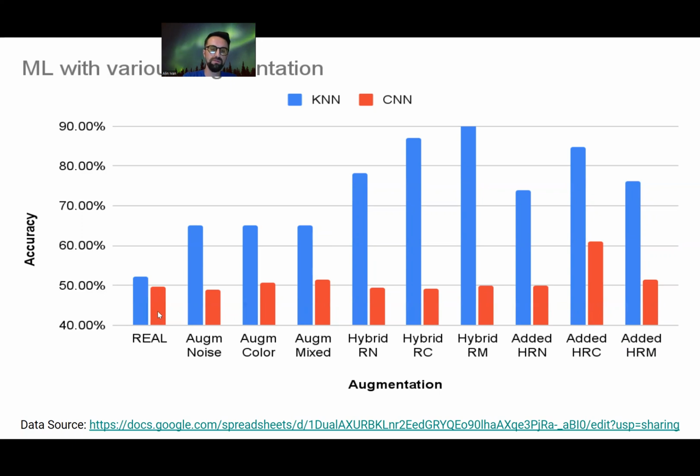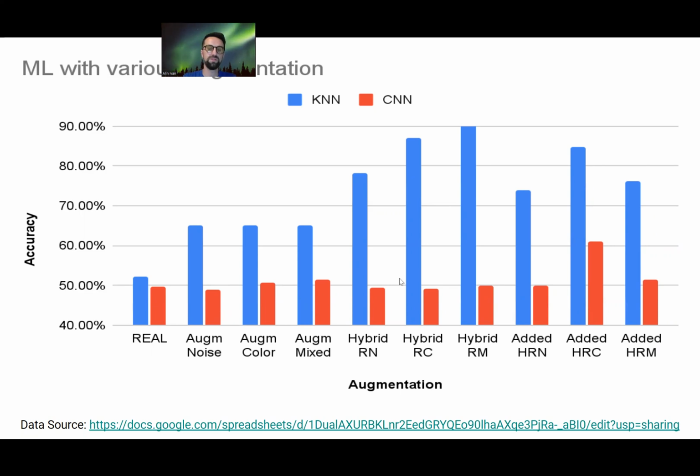We can observe just a little bit of improvement in the case of CNN, with an exception when we double the data set and provide color augmentation. Not the same case with KNN, in which we can observe a significant improvement in case of augmented data, a more significant improvement when we add augmentation on top of real images, and the highest results for 50% plus 50% real and augmented data.